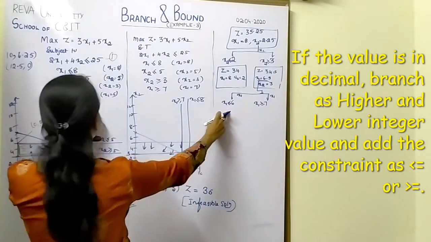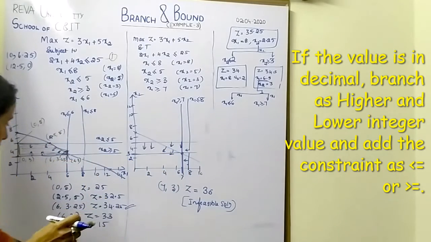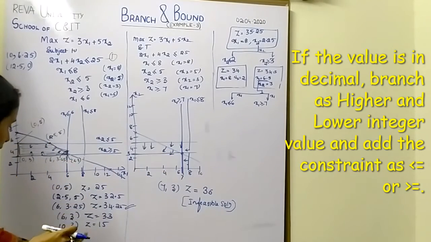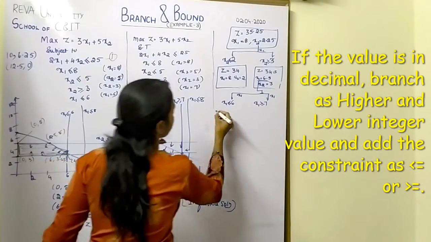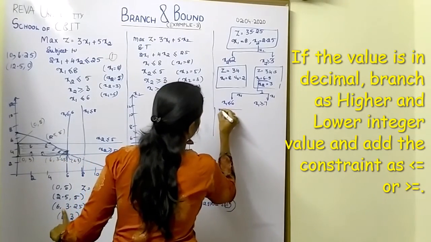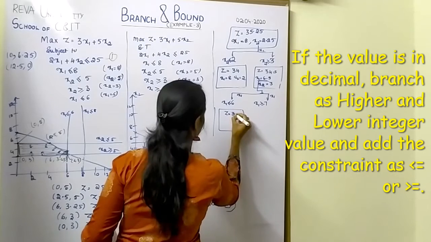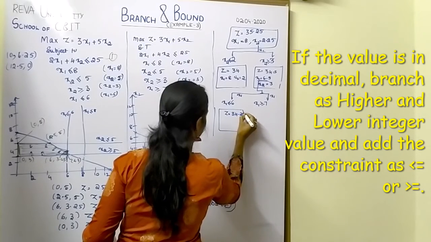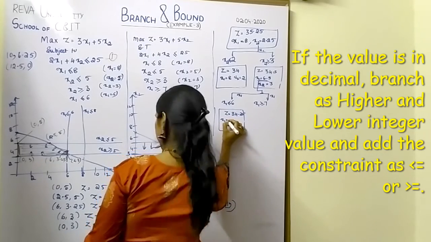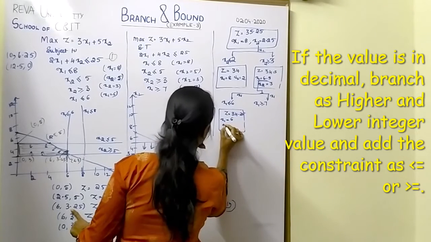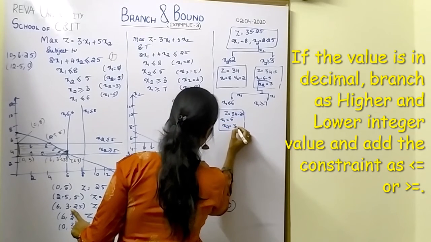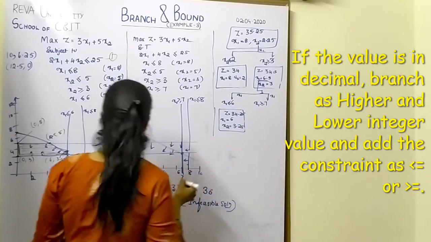If x1 is less than or equal to 6, I will get all these values. Maximum among this is z is equal to 34.25, x1 is equal to 6, x2 is equal to 3.25.